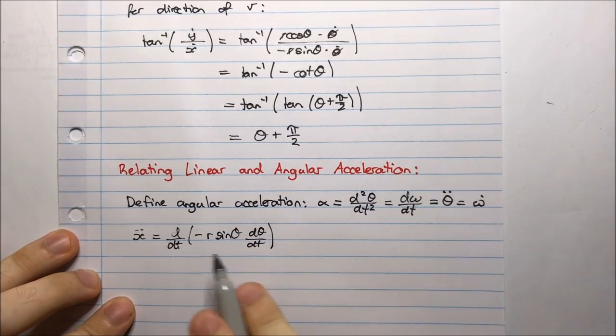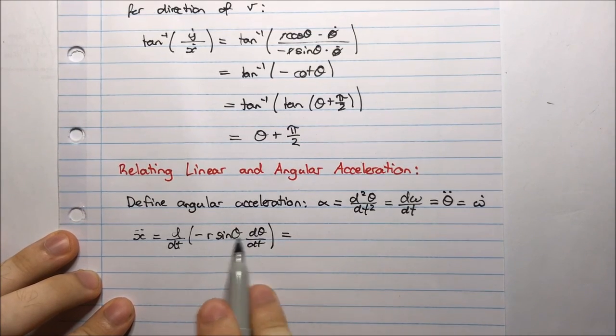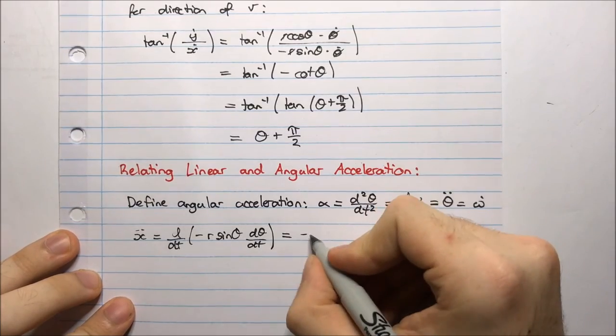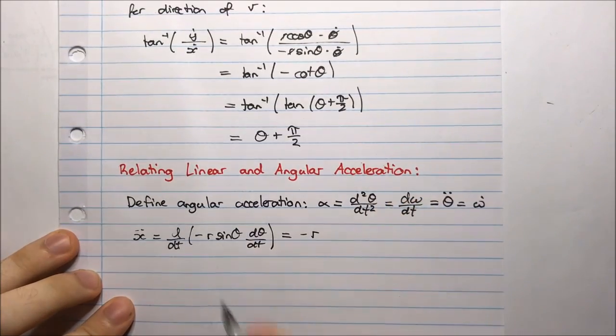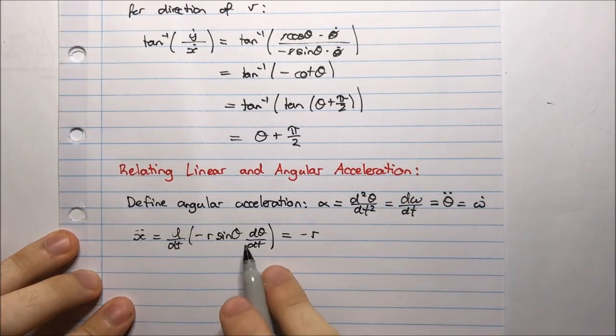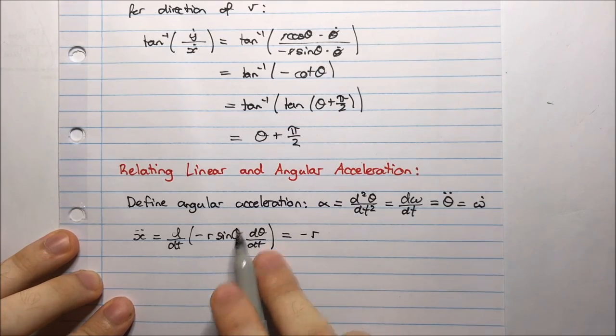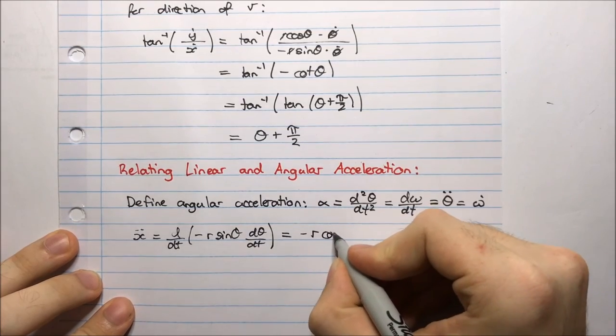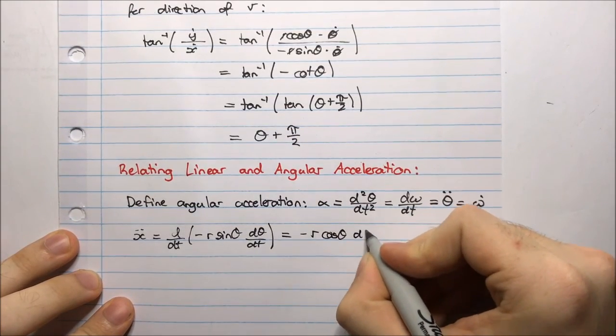So now I'm going to use the product rule. Differentiating the first term, sine theta, with respect to t, I'll get minus r. Now differentiating sine with respect to t is the same as differentiating with respect to theta and then multiplying by d theta dt. So differentiating the first one will be cos theta times d theta on dt.